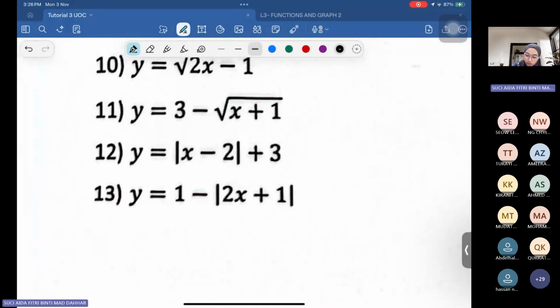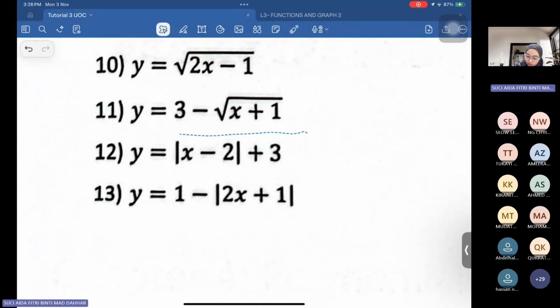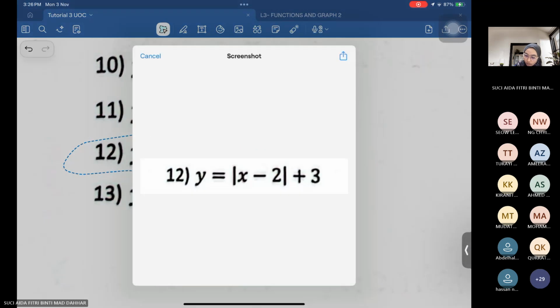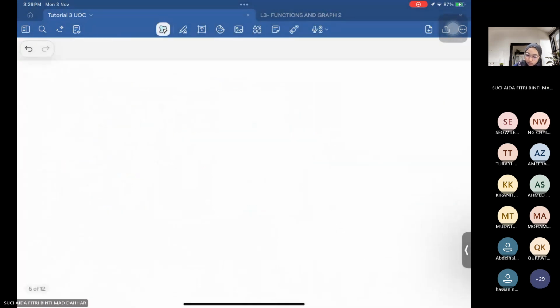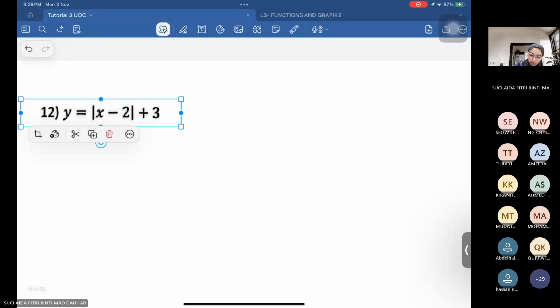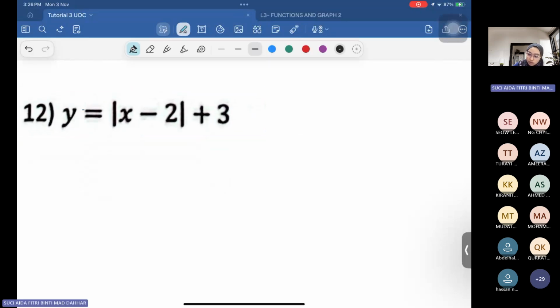Number 12, modulus graph. Do you remember modulus graph? The V shape. Okay, the basic modulus graph is y equals to modulus x. What does it look like? Like this, a V shape at origin.